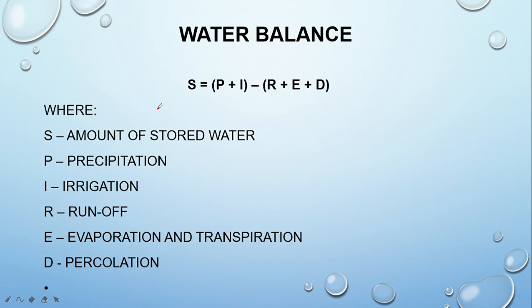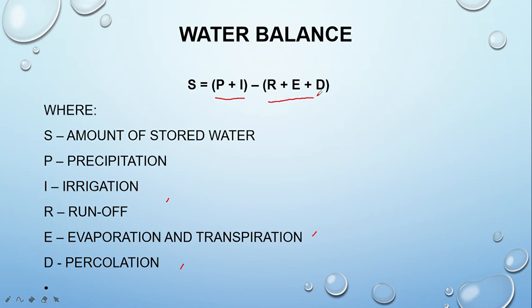So here, the amount of stored water, S, is equal to the precipitation plus irrigation minus the runoff, the evaporation and transpiration, and the percolation.